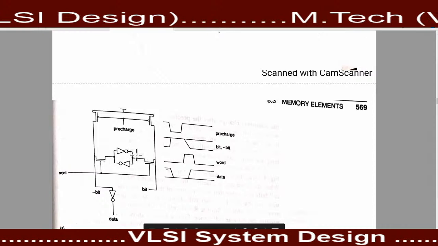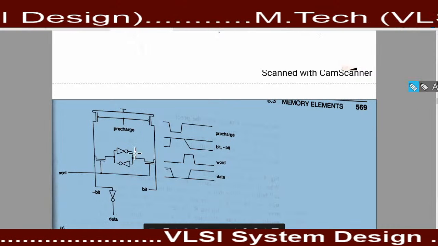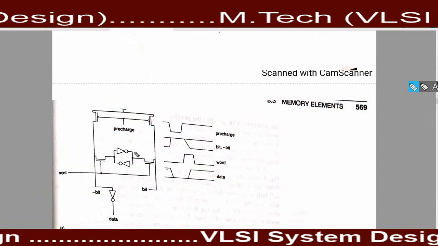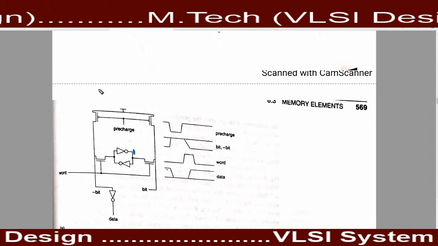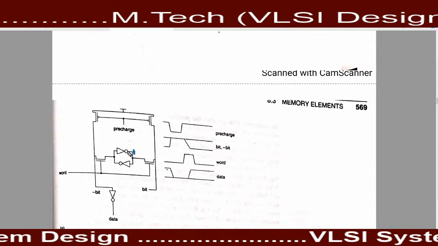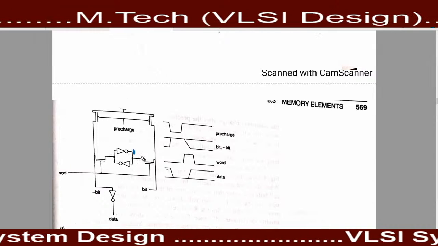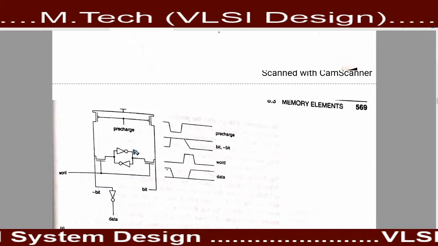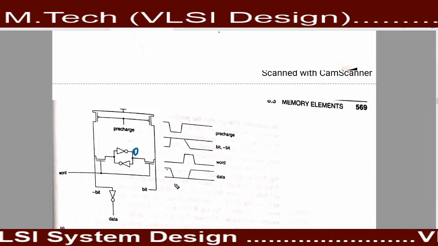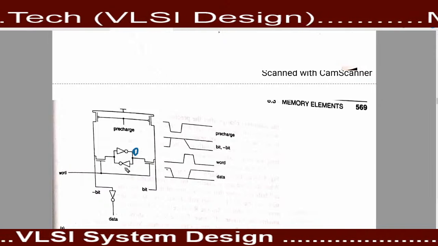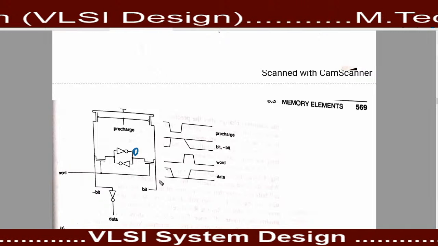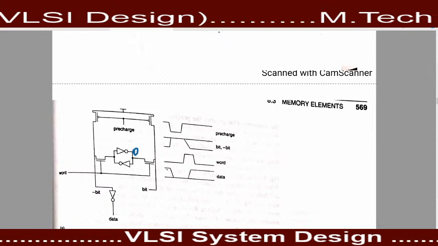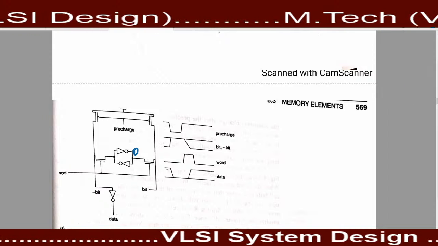In the writing operation, if the input is 1 here, by using the SRAM operation, we can change the data that is provided here. We can change this 1 to 0. So if we change this 1 to 0, it means that we can write the data in this memory cell.